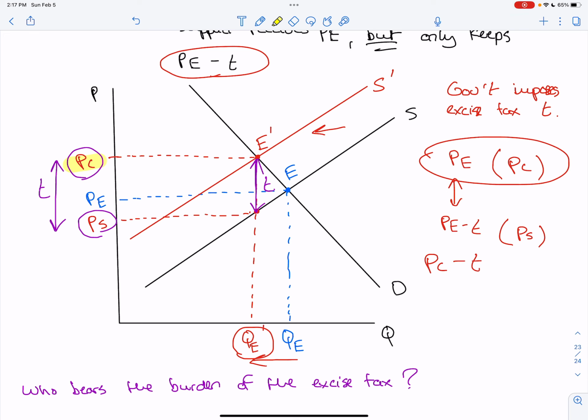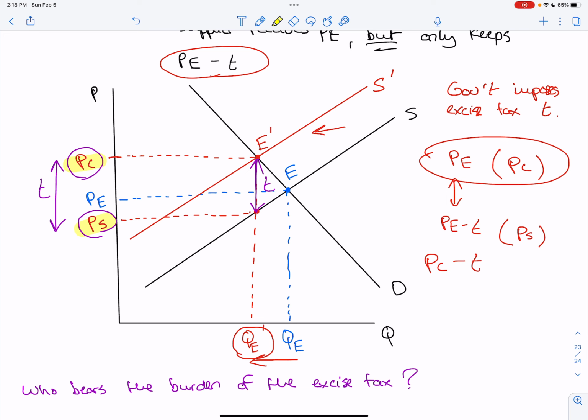So the consumer is suffering, quote unquote, from the imposition of the tax by having to pay a higher price. Meanwhile, the amount of money that the supplier gets to pocket, PS, is lower than PE. So the supplier also, quote unquote, suffers from the imposition of this tax.